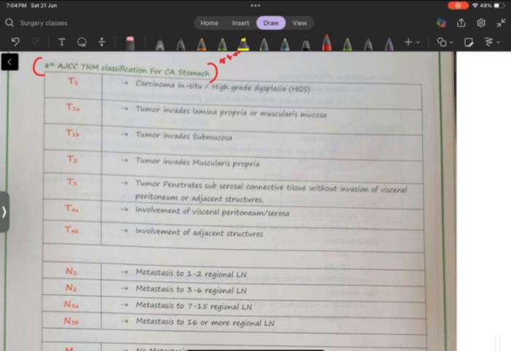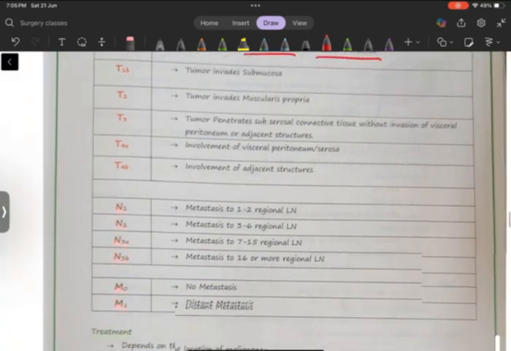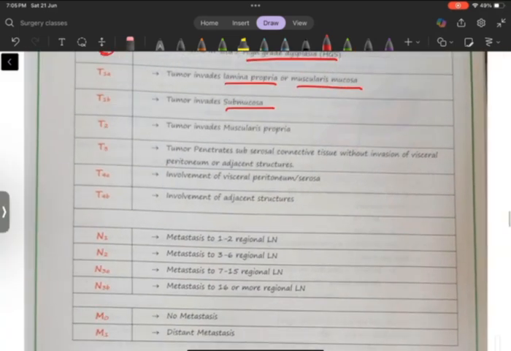If the tumor is in situ, that is just high grade dysplasia confined to the region, then that is carcinoma in situ. T1A means the tumor invades the lamina propria or muscularis mucosa of the stomach. T1B means the tumor invades the submucosa. After that, T2 invades the muscularis propria.